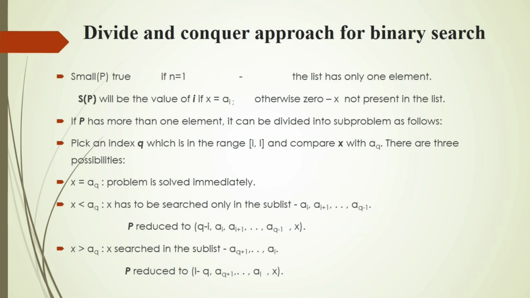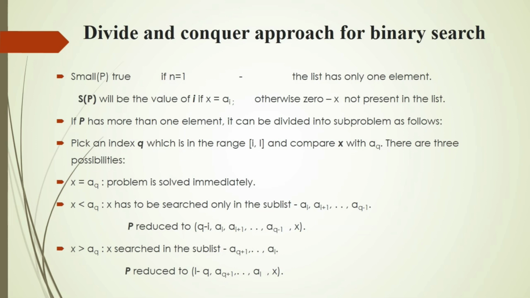Suppose x is a value that is less than the element which was present at the qth index. In this case, you need to try searching for the key element in the sublist which starts from a[i+1] until a[q-1].